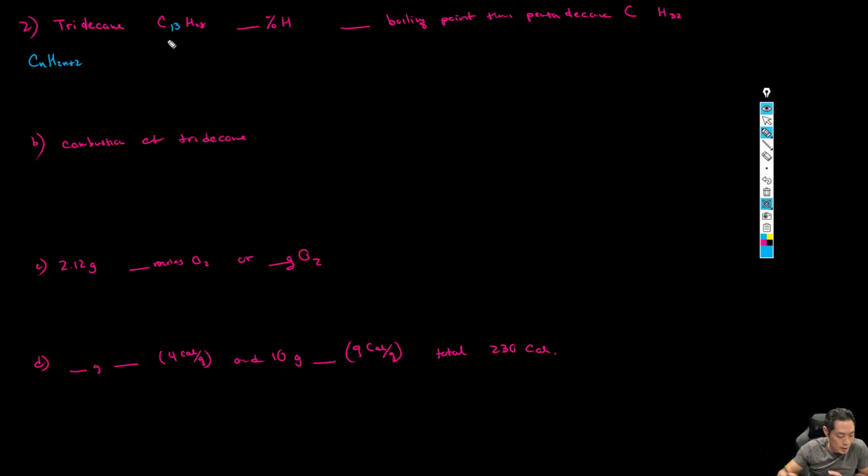I want to find the molar mass or the hydrogen mass composition. So 13 times 12.01 plus 28.28 will give me 184. But I just want to know hydrogen, so that will be 28.28 divided by the molar mass.